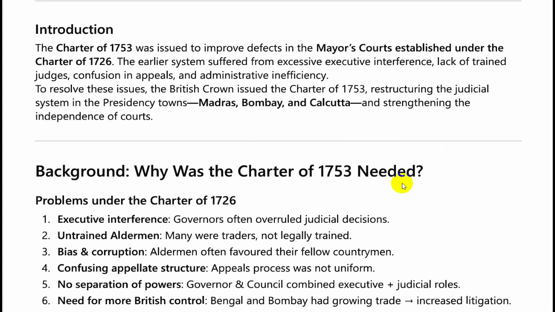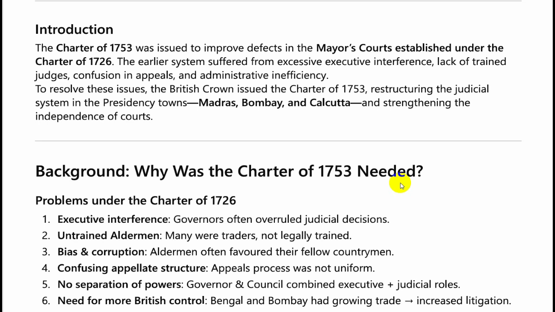The charter was issued to remove the defects in the mayor's courts which was established under the Charter of 1726. In the previous video, I have explained in detail about the mayor's courts of 1726. There were many problems in the mayor's court of 1726.